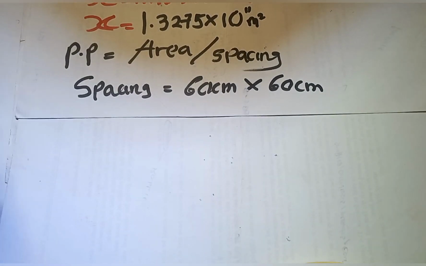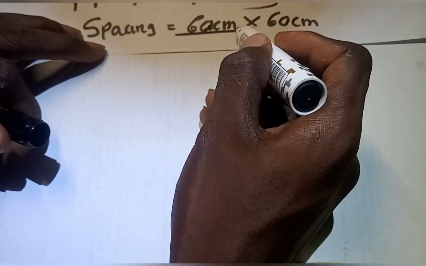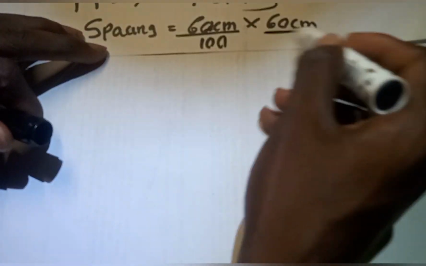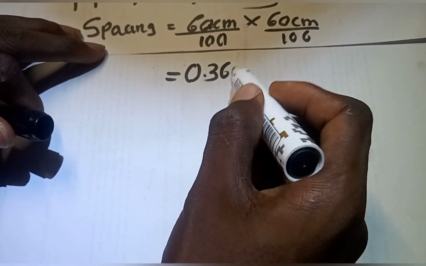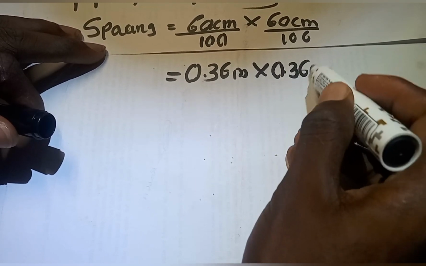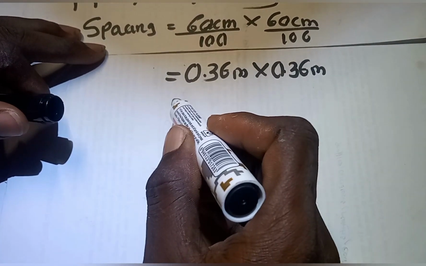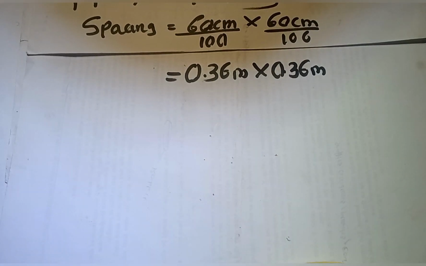If I want to convert this 60 centimeter to meter, I will easily divide both by 100, because 100 centimeter equals 1 meter. So 60 centimeter all over 100, over 100. Oh, there's a mistake again, sorry.